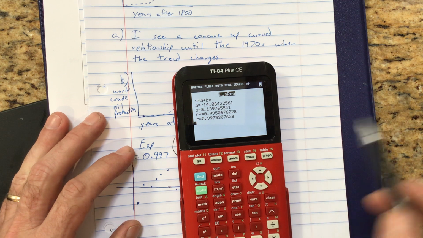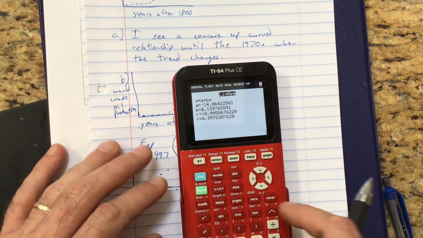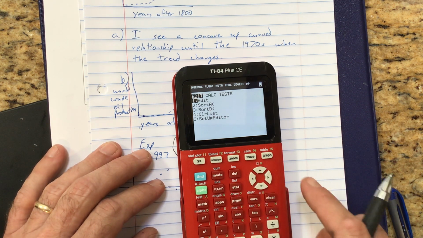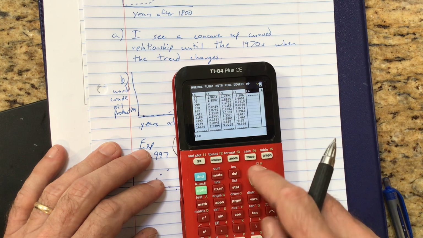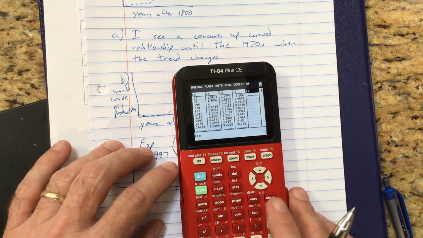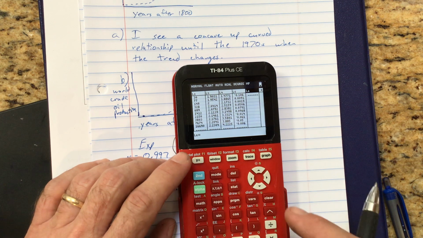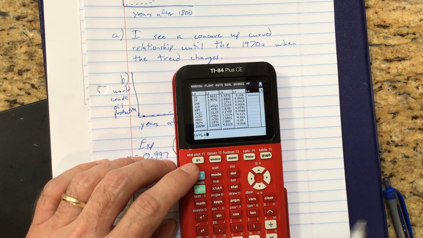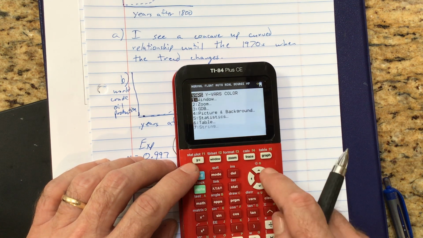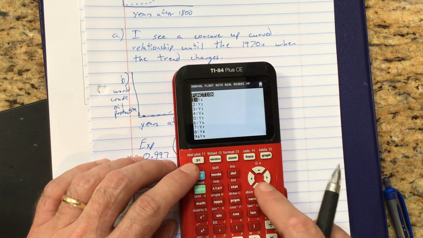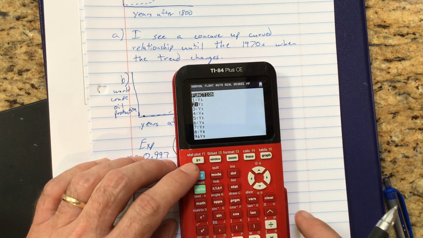And again, that's the correct correlation, so I know I used the right lists. And now I can calculate my residuals. Okay, so for power residuals, it's the log of the y's minus our predicted. Again, I've got my equation stored in y sub 2.